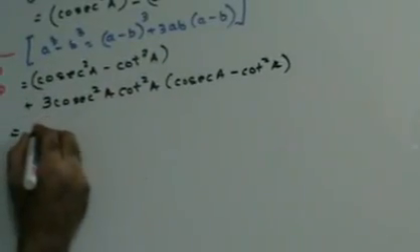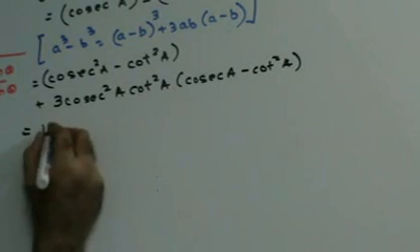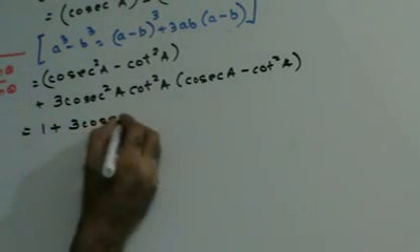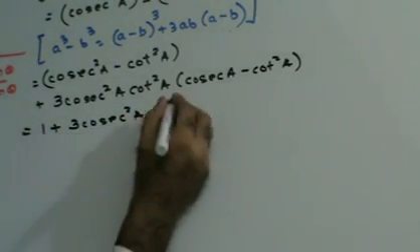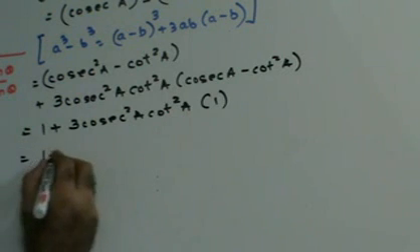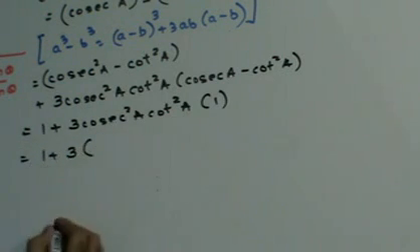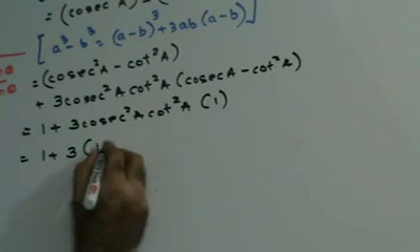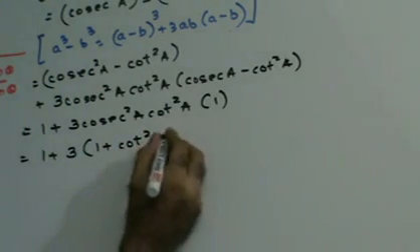So here, cosec square a minus cot square a can be written as 1. Now, this is 1 plus 3 cot square a into cosec square a minus cot square a, which is 1. Cosec square a can be written by identities as 1 plus cot square a.